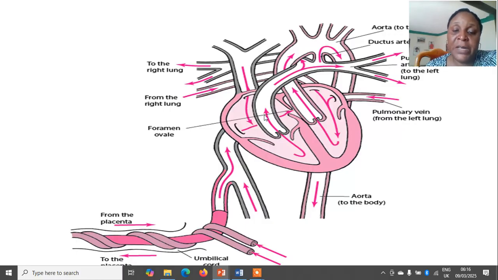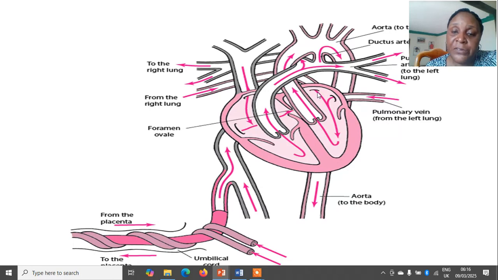So blood in the right atrium of the heart, some of it is gushed to pass through the pulmonary artery to supply the non-functioning lungs. Then most of the blood passes through the foramen ovale to the left atrium of the heart.